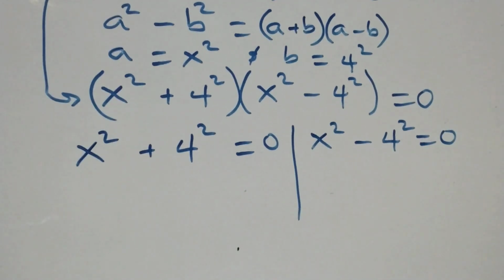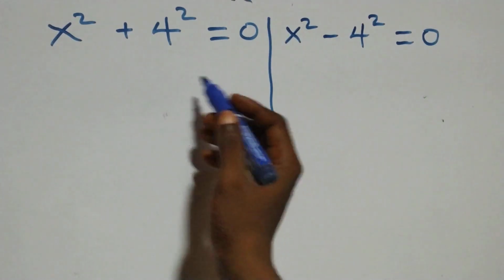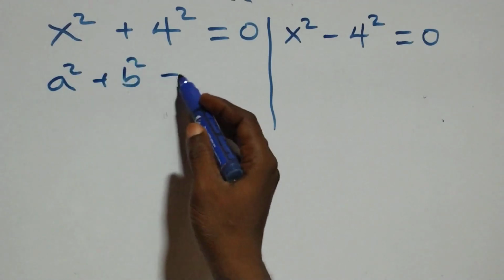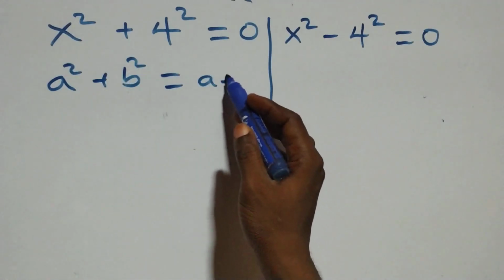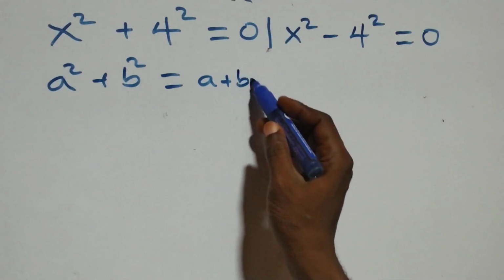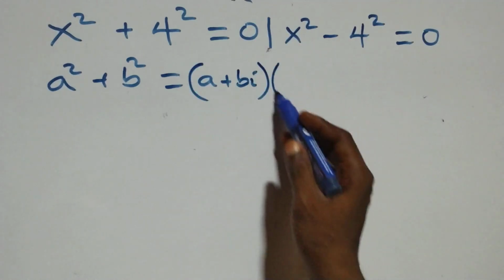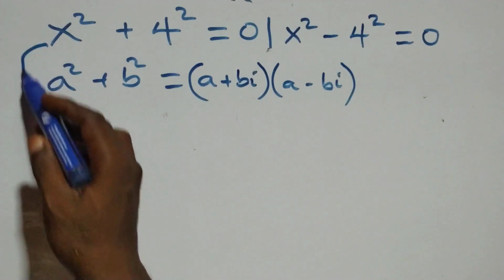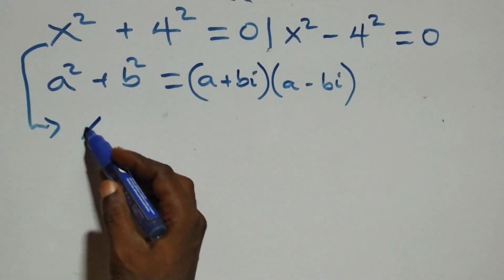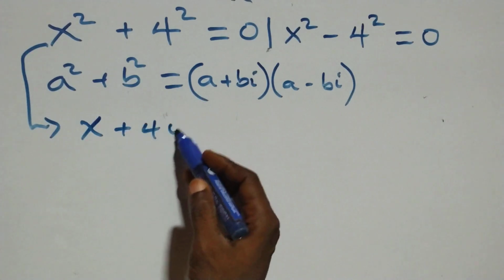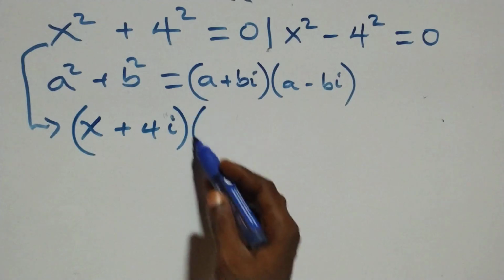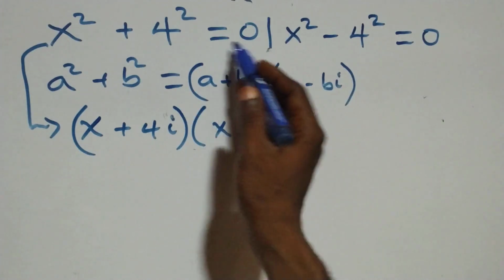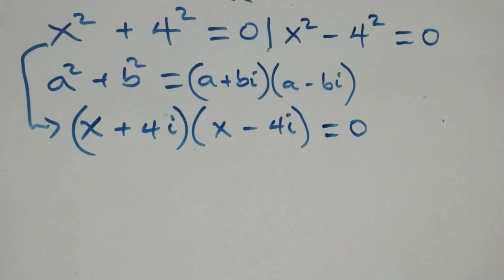Then solving on this side, this follows when we have a squared plus b squared, which is same thing as a plus bi into brackets, then also open bracket a minus bi. That is, here, this becomes x plus 4i into bracket, and also open bracket x minus 4i close bracket, then equals to 0 from here.